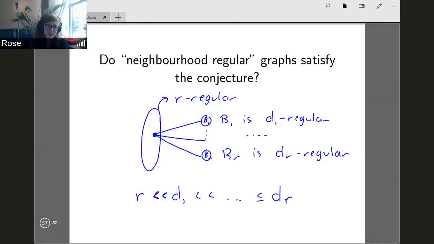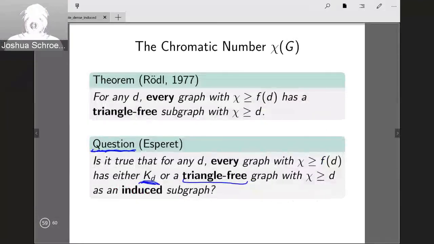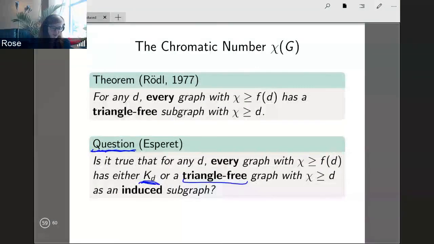Did you go to the last question on the last slide again? And another thing I tend to think about with these is line graphs.